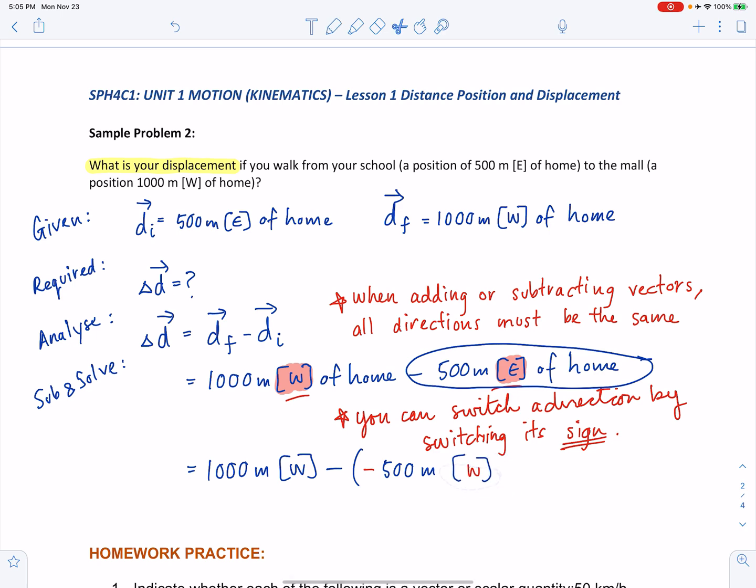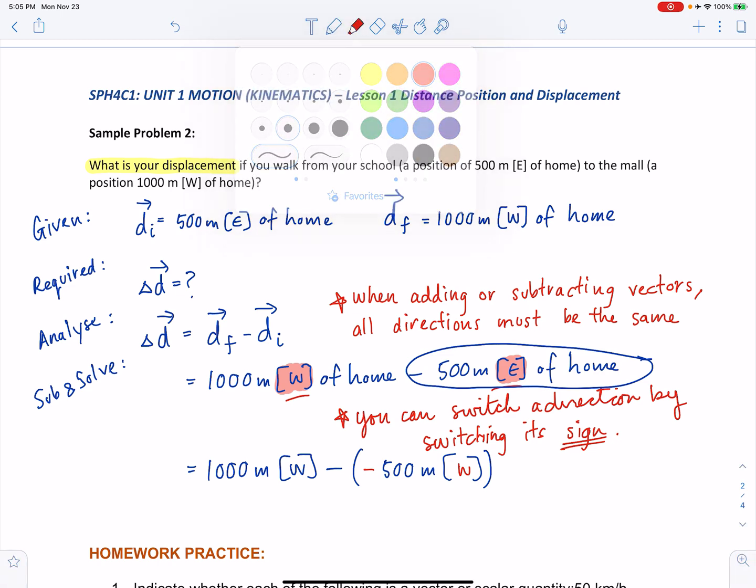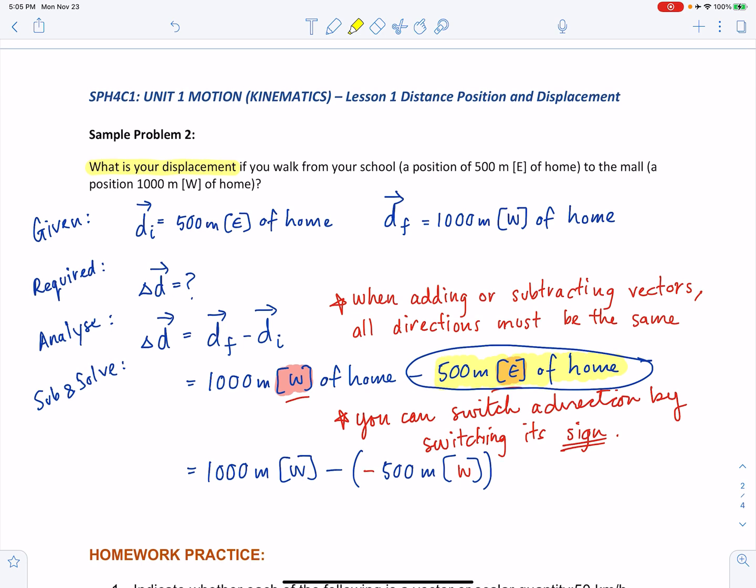Just move this closer here. So we have 1,000 meters west minus negative 500 meters west of home. So initially it was 500 meters east of home. I've changed this part right here, 500 meters east of home, to negative 500 meters west.